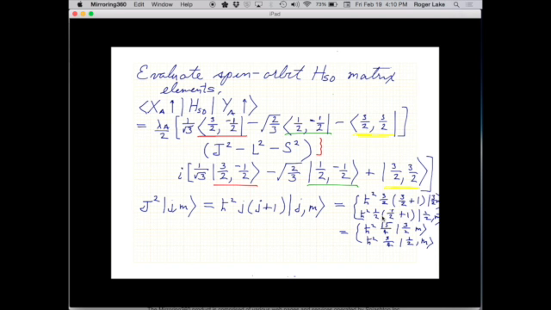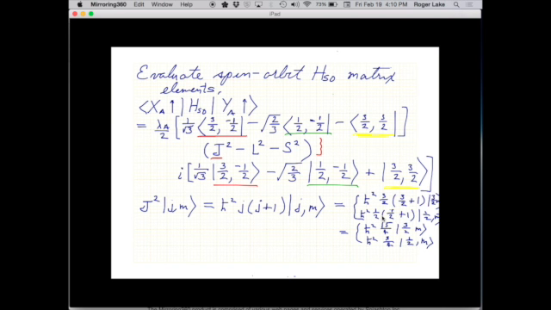If you look at this, the only thing that's going to vary is the value coming from J squared, because this can give me either 15 quarters or 3/4, depending on the total angular momentum, whether it's a 3 halves or 1/2 state.